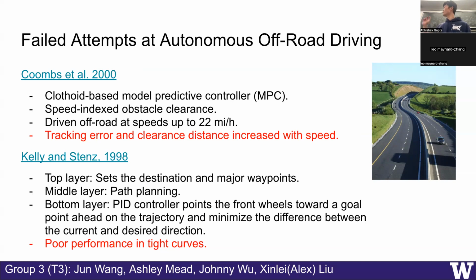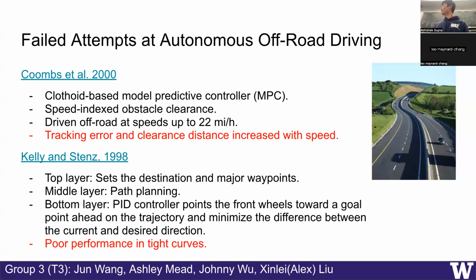They also used a speed-indexed obstacle clearance, which simply means your distance to the obstacle is proportional to your speed. As the car's speed increases, the car keeps more distance away from the obstacles. And in this case, the obstacle is anything that is not the road.